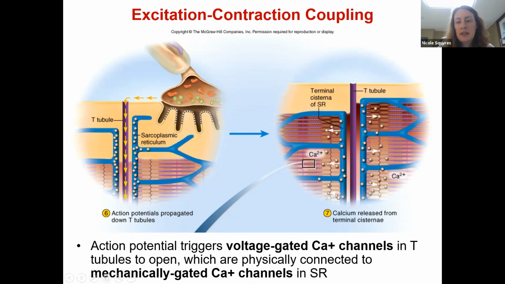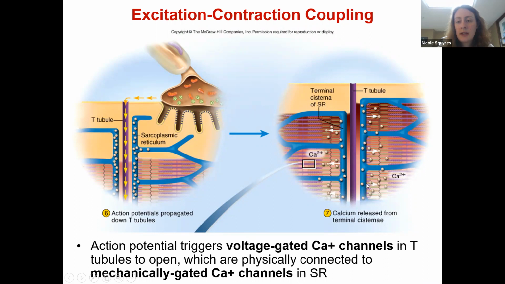So we're going to see in this next step, what happens is, as the action potential propagates down the T-tubule, it is going to open voltage-gated calcium channels that are found in that T-tubule. Now what's interesting is that those voltage-gated calcium channels are physically connected to mechanically gated calcium channels in the sarcoplasmic reticulum here.